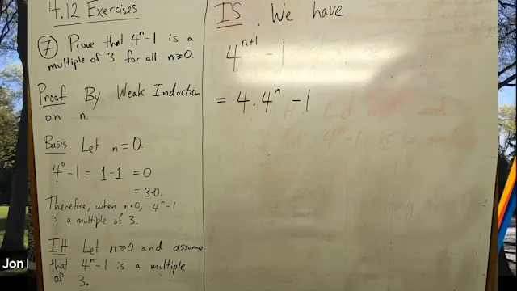And now I need to think about this. How can I show that this is a multiple of 3? Frankly, it's not that obvious. But there is a hint, if you look into the exercises, that should help you. But let's just try to reason it out ourselves.